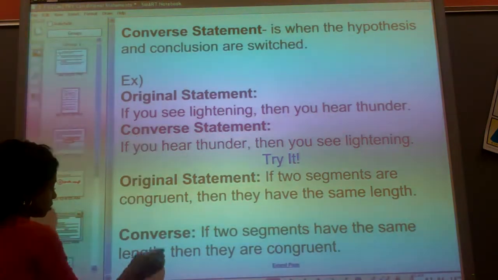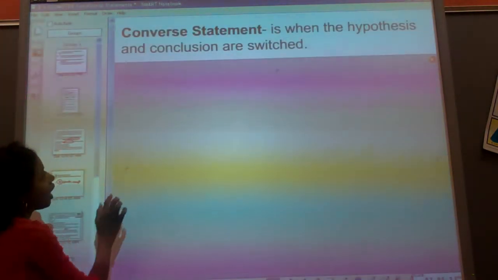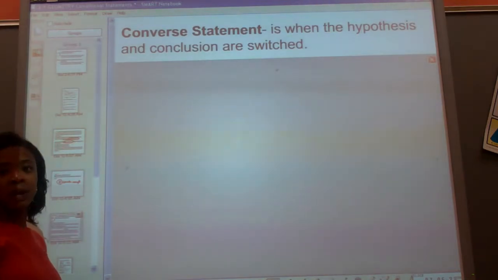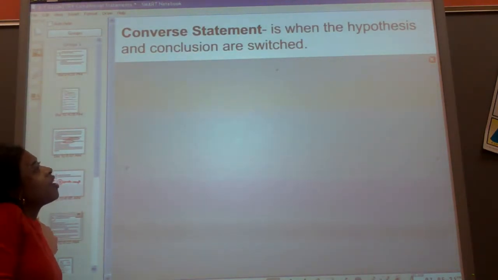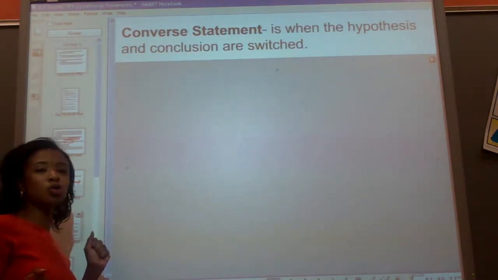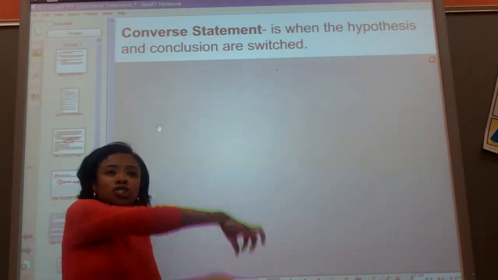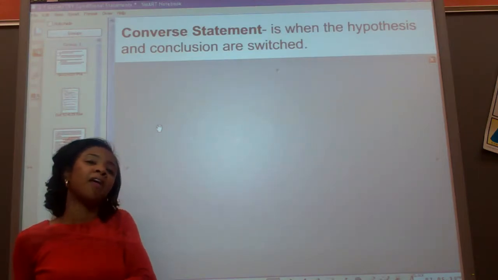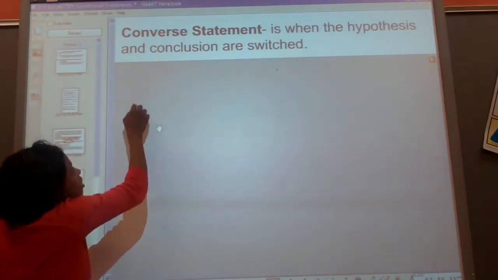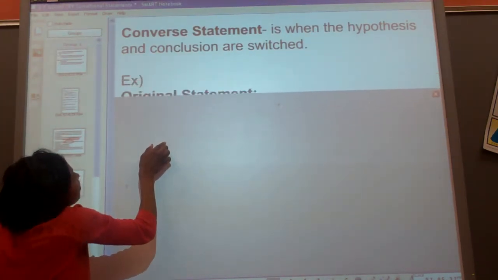Converse statements. A converse statement is simply when I take the hypothesis and the conclusion and I decide to switch them. I now make the conclusion the hypothesis and the hypothesis the conclusion. This is called a converse statement.